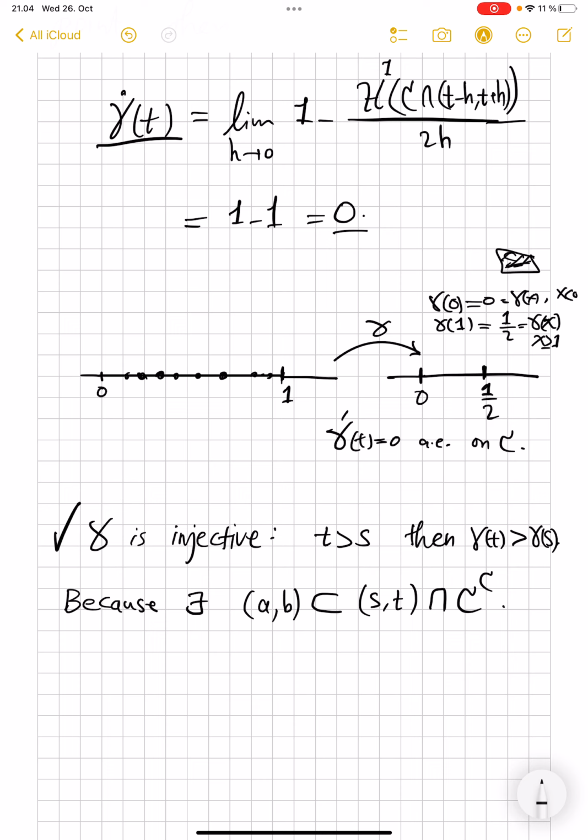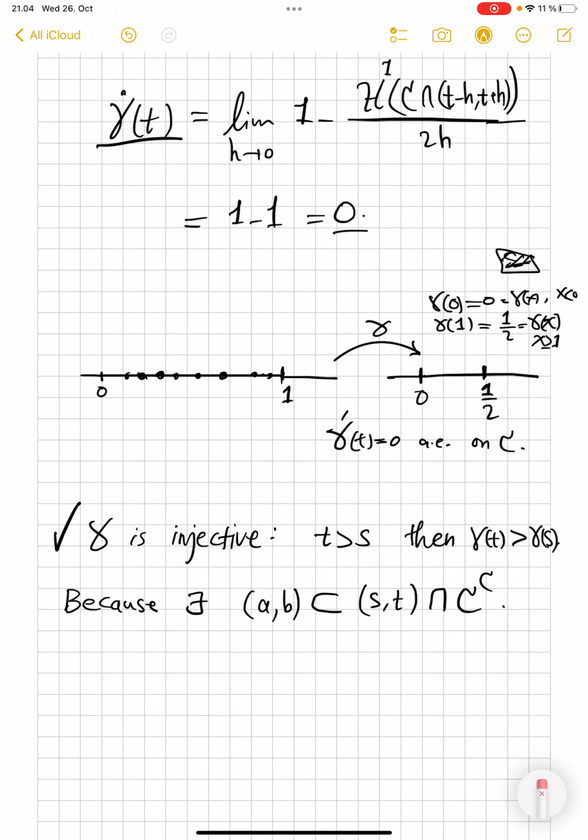So between any two points, either there is no point from the Cantor set, then you can take the full interval (a, b) to be just (s, t), or there are two Cantor points, in which case there is some gap, some interval in between. In any case, you can find this.